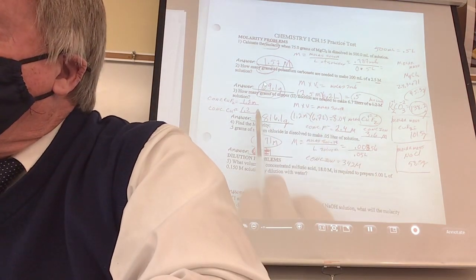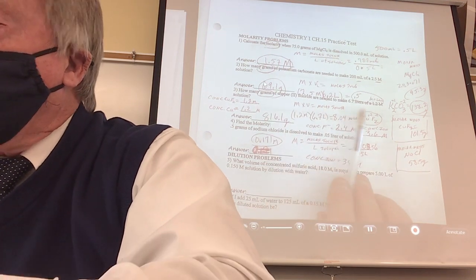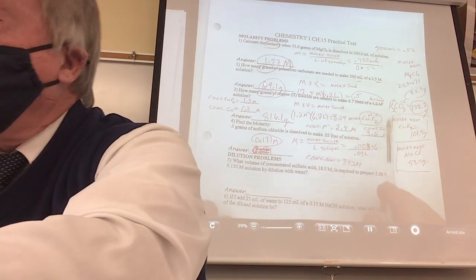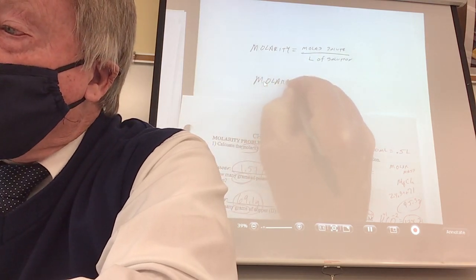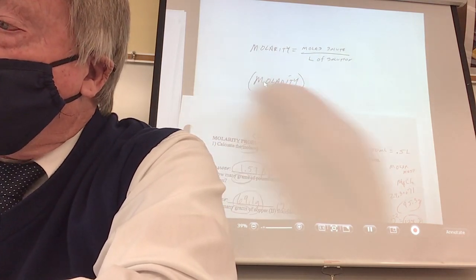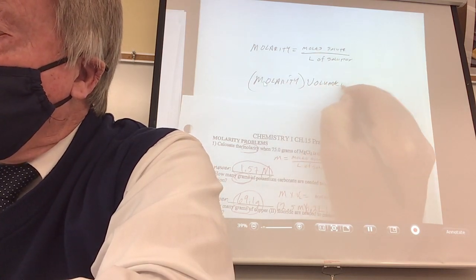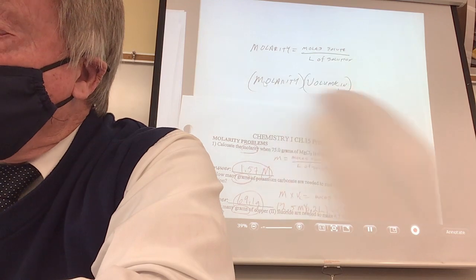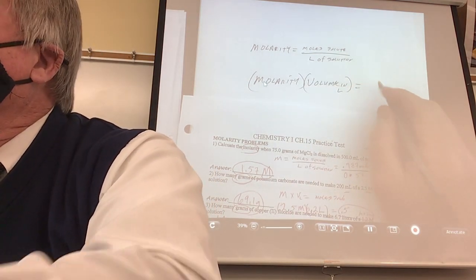Next problem. How many grams are needed? Wow, I don't know what to do. Well, if we take the same equation and rearrange it, what is molarity times volume in liters? What is molarity times volume?